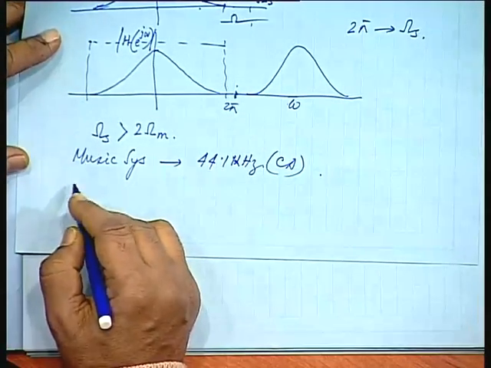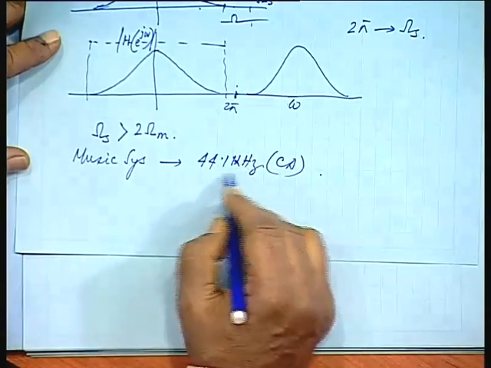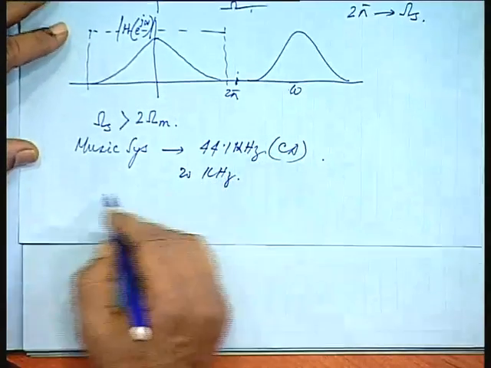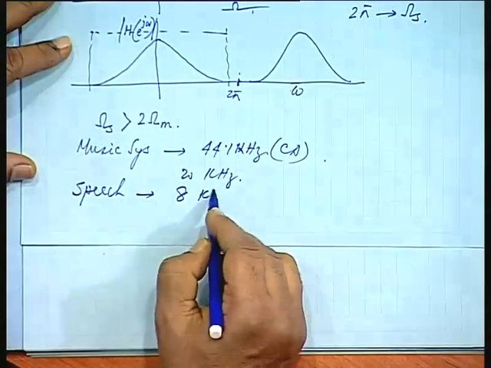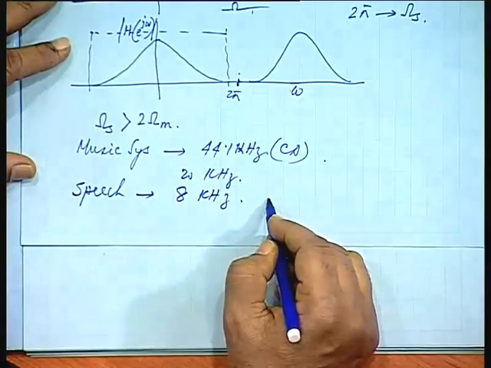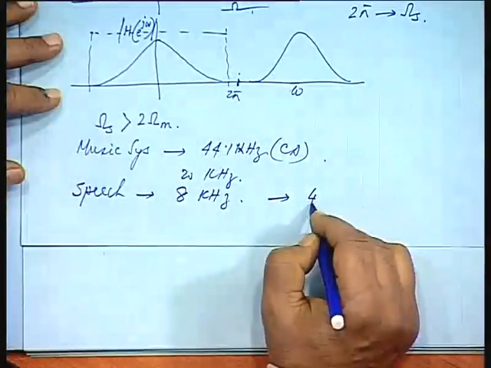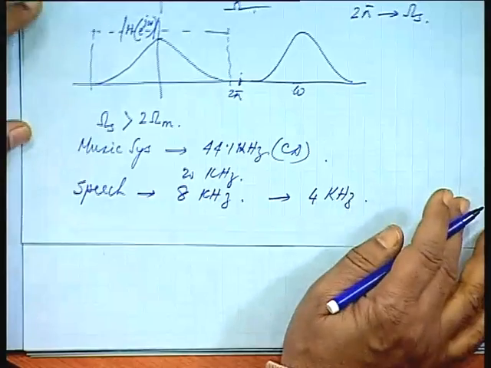Then what we really want to capture is a signal up to 20 kilohertz or so, whereas for speech it is 8 kilohertz sampling frequency. That means we want to capture within 4 kilohertz the frequencies of speech. This is for telephonic purpose, all right. For telephony we require 8 kilohertz of sampling.